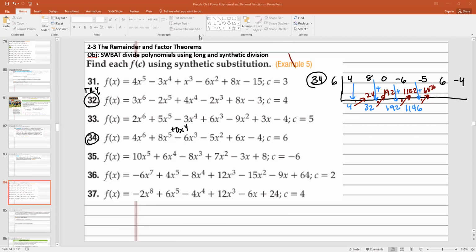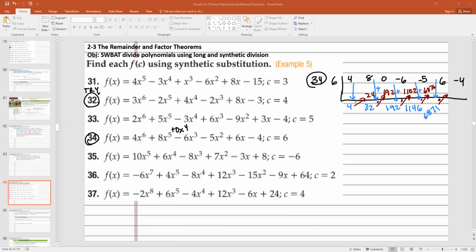And add negative 5. I'm going to tilt it. 6,871. That's just looking at the answer. Oh boy. These people are crazy. Whoever wrote this book. All right.